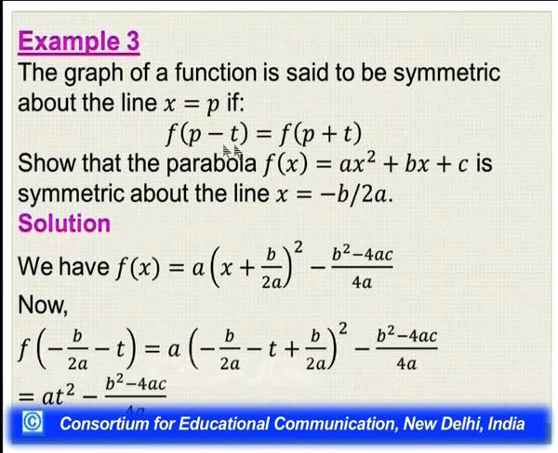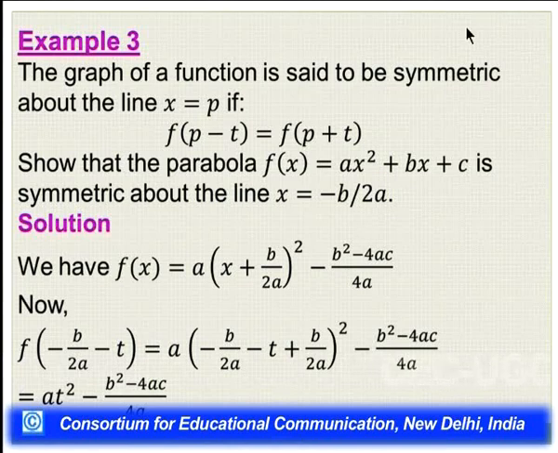So this is to say that if p is your line, your axis of symmetry, if I go t units to the left of p or t units to the right of p, I'm going to get the same value for f, and that is what I mean by symmetry. If I were to just fold the graph, this line divides the graph into two identical halves, and if I just fold the graph along this line, I will get a situation where the two parts exactly overlap with each other.